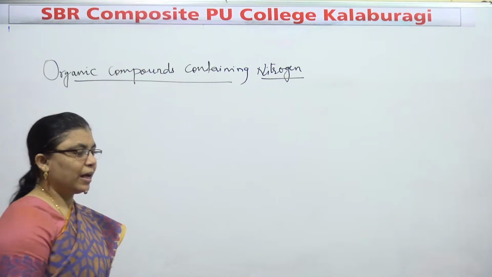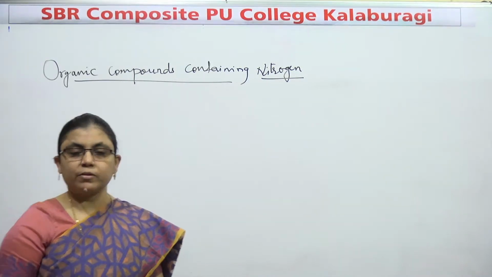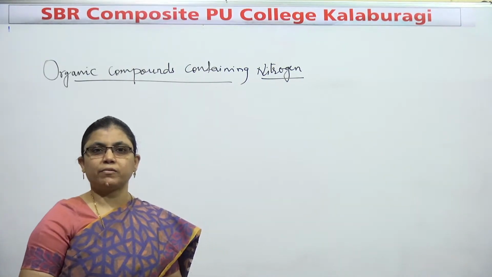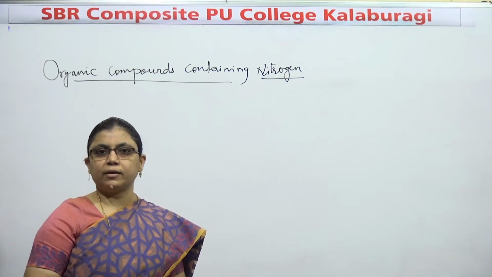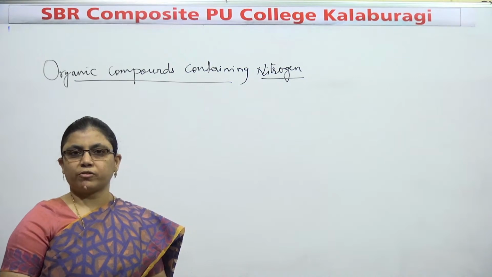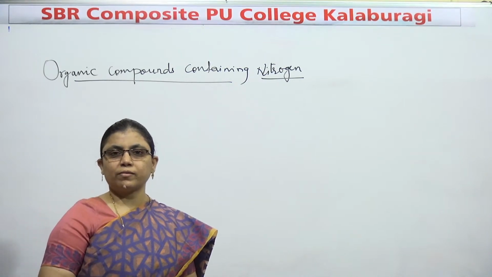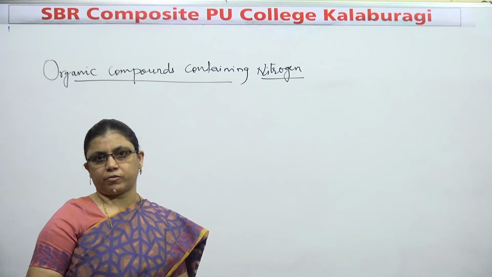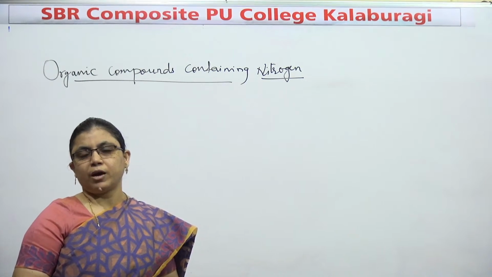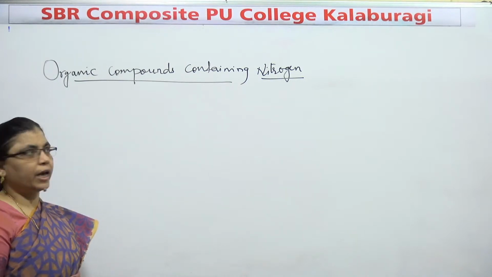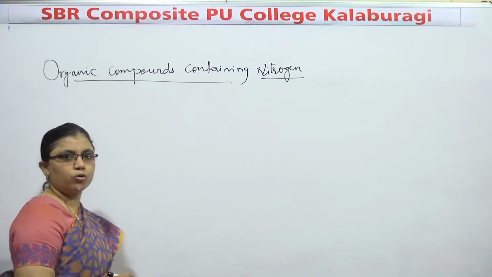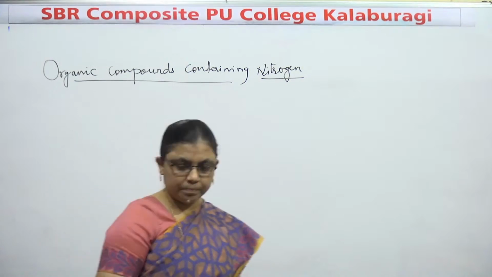Remember here, as the chemistry teachers have completed the topics like haloalkane, haloarene, alcohol, phenol, ether, aldehyde, ketone, carboxylic acid, solutions, as well as electrochemistry. Today we are going to start the last functional group of organic compounds, that is organic compounds containing nitrogen.